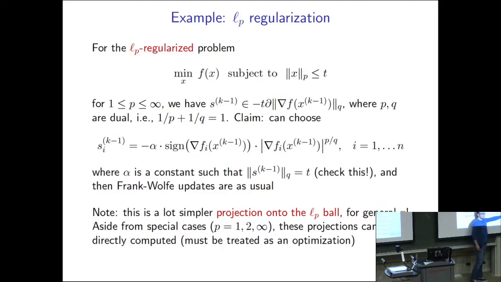And the 2 norm one you also know. It's just dividing by the 2 norm. I take a vector, divide by its 2 norm, and it puts it on the 2 norm unit ball. That's the projection operator as well. So those cases you know, but aside from that, at least I'm not aware of work that does this in general. And this is a very simple rule that you can use to do optimization over the p norm constraint.